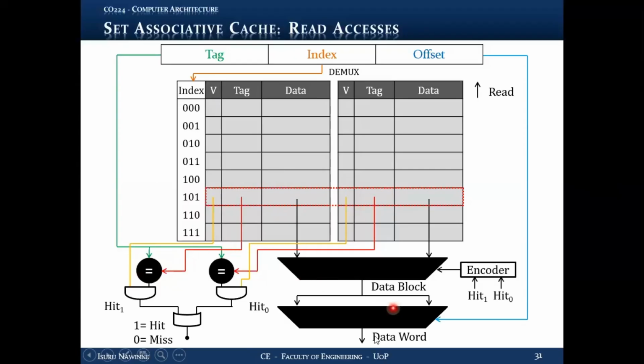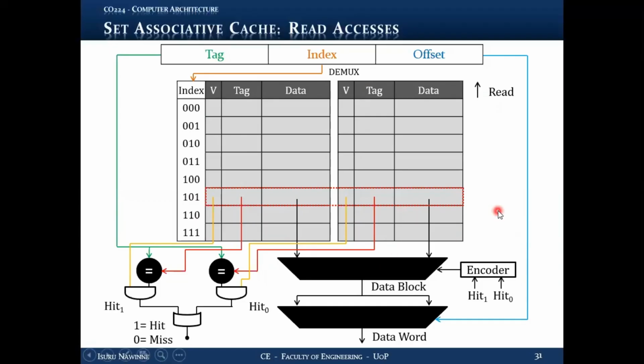All these things here, tag comparison, data block extraction, figuring out which block is the appropriate one, then figuring out which word is the appropriate one. All those things are there other than this index. You don't have an index field, and consequently you don't have a demultiplexer to find the correct entry. There will be only one entry and multiple ways in there. So that is just to give you an idea about the fully associative implementation, right?